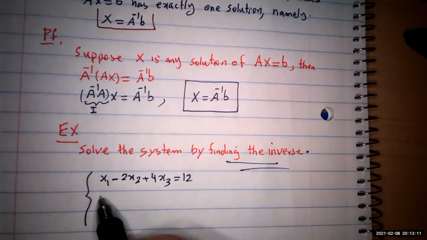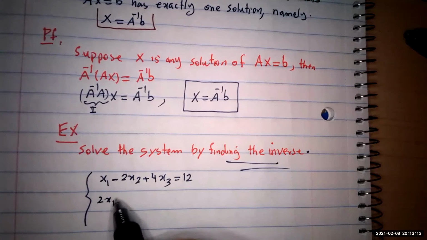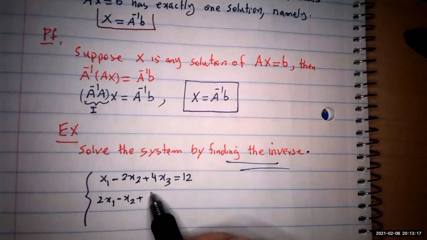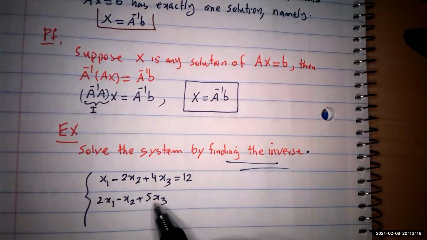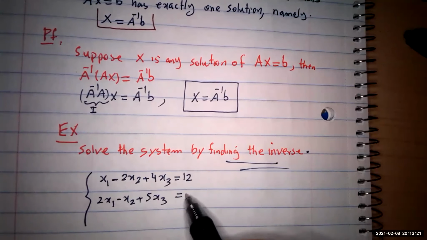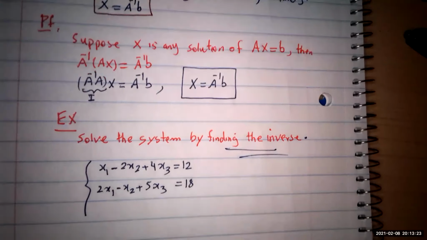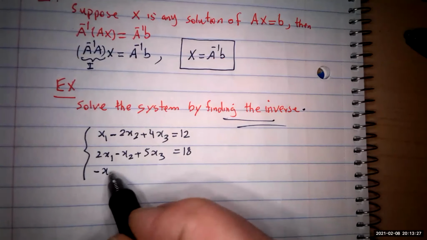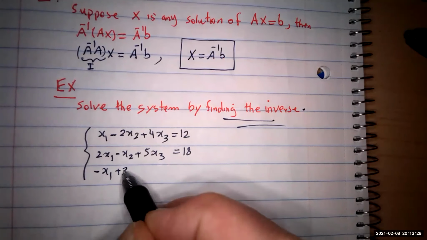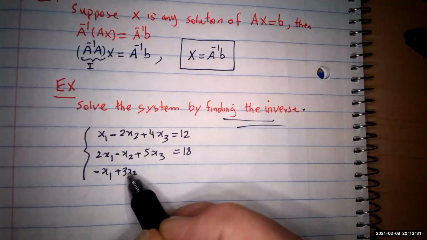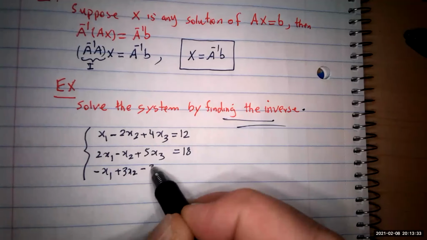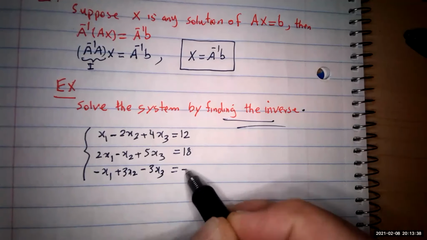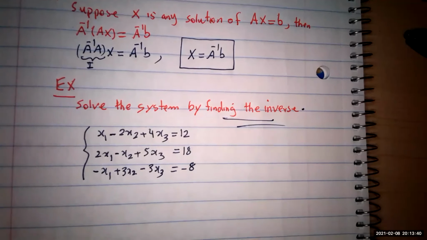And the second equation is 2x1 minus x2 plus 5x3 is equal to 18. And the third equation is negative x1 plus 3x2 minus 3x3 equal to negative 8. This is the given system.